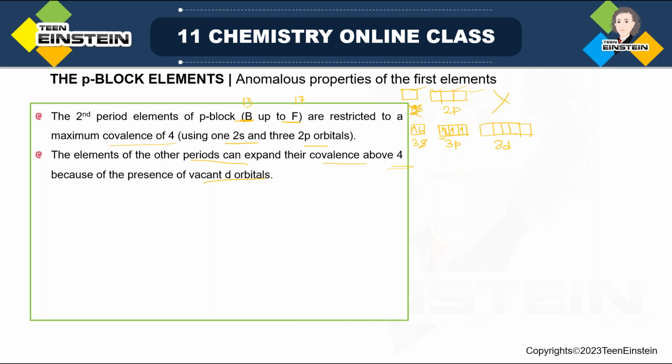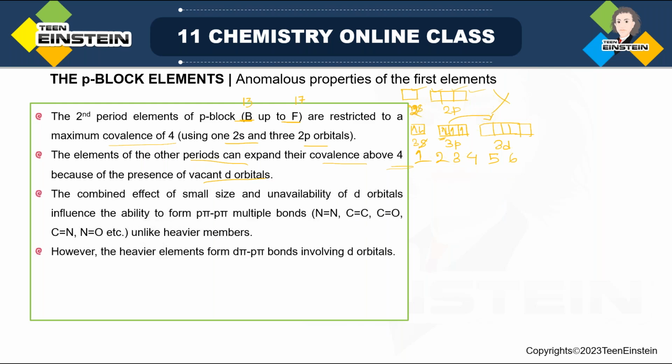Now this paired electron, you can unpair and shift to any of these 3d. Because of this shift, this is position 1, 2, 3, 4, now 5 position. Another electron, if it is moving, then 6 position. So coordination number can increase beyond 4. In this way, the first period elements behave differently from the other members.